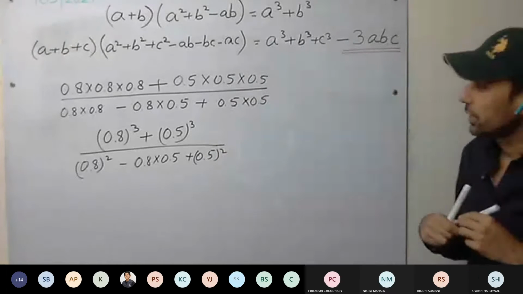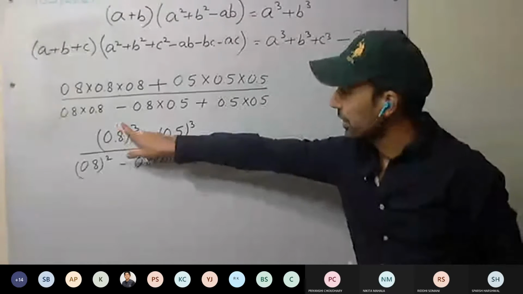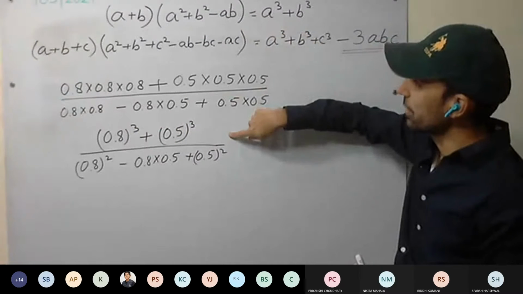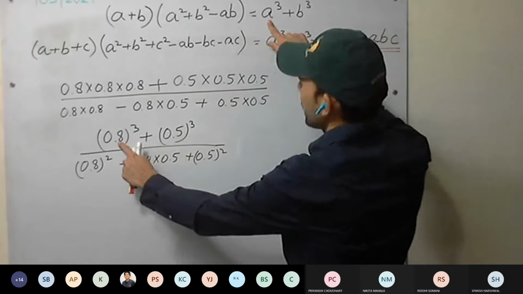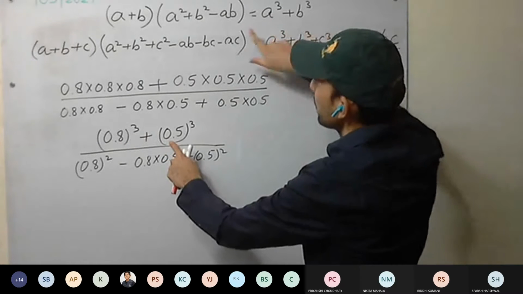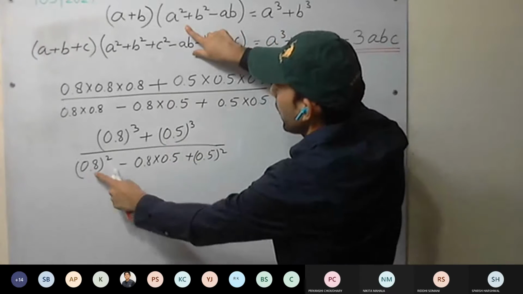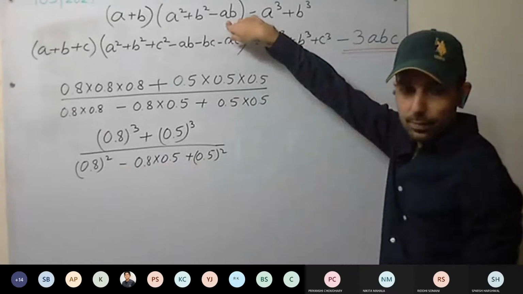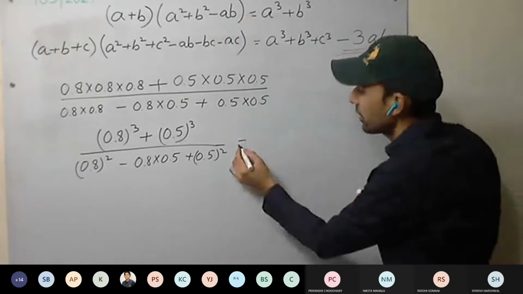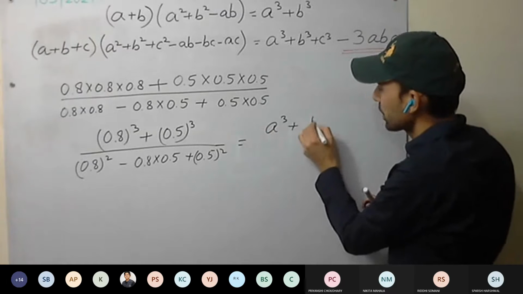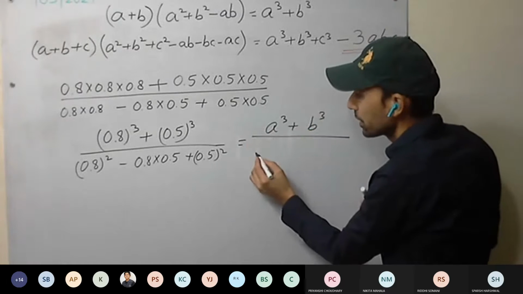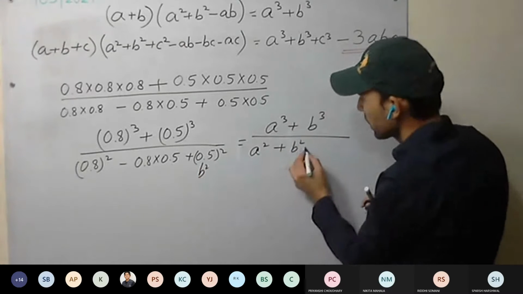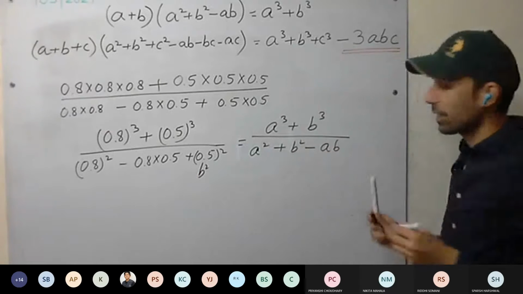Which identity has more similarity? This is A, this is B. So only two variables. Can we use the first identity? A cube plus B cube divided by A square plus B square minus AB. Is it like this?